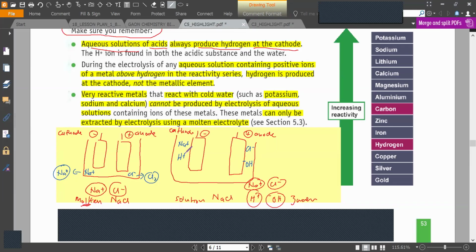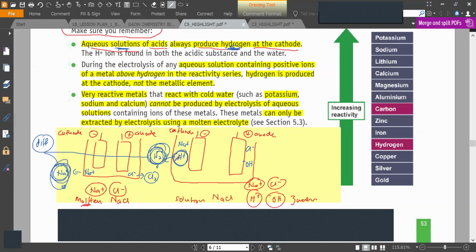We have two things that could react, but only one of them will react. In this case, hydrogen will react, and we will get hydrogen gas. So here you get sodium, here you get hydrogen. That is the difference. That's why we say aqueous solution always produces hydrogen at the cathode, always.